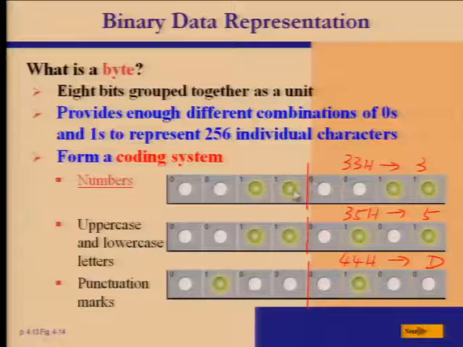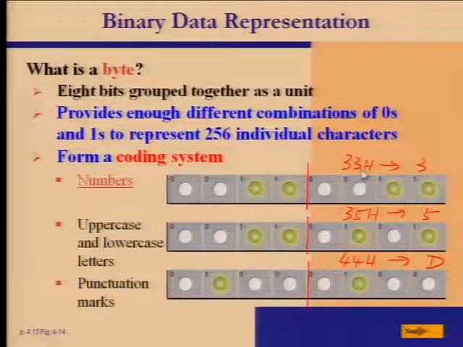For each 4 bits, you form a hex number, because with 4 bits, you can go from 0 to 15. Hexadecimal will run from 0 to 9, followed by A, B, C, D, E, F. So there are 16 patterns. So this 0011 is a hexadecimal 3, and another 0011 is a hexadecimal 3.